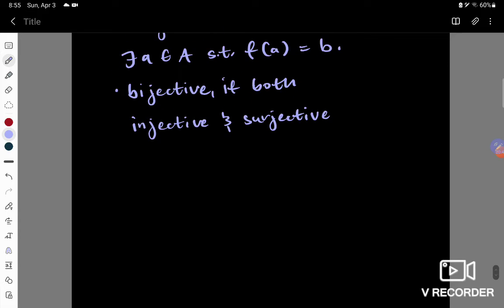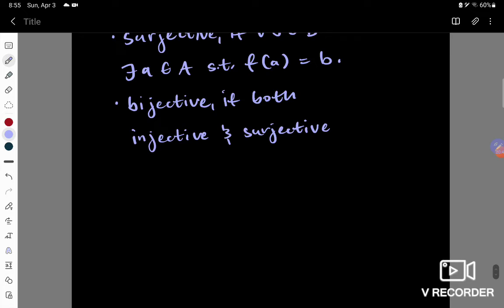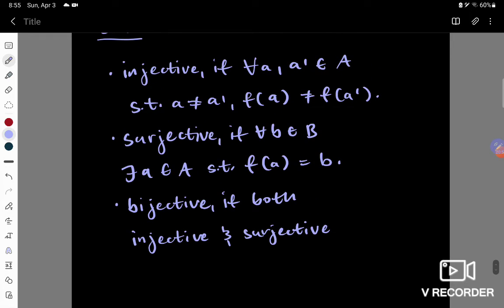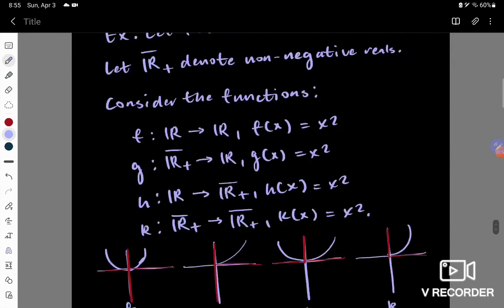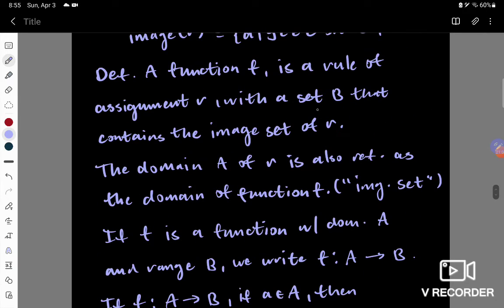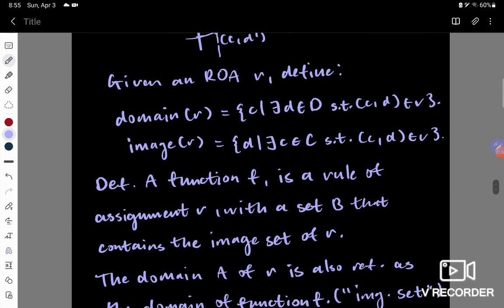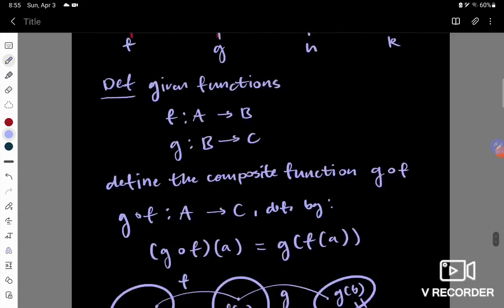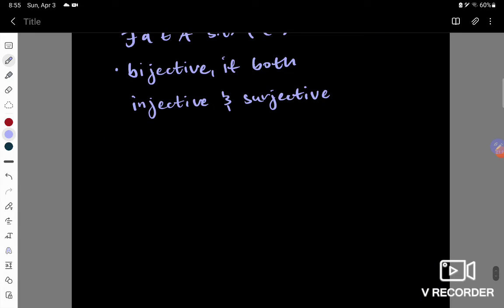So let's see. Injectivity of f, let's make a note here, depends only on the rule for f. So it depends on this rule of assignment, which let's scroll up, because it depends on how this rule of assignment acts in terms of mapping, let's say from C and D here in our first example, how it maps C to D. So these distinct points being mapped to distinct images is solely a function, no pun intended, of the rule of assignment.